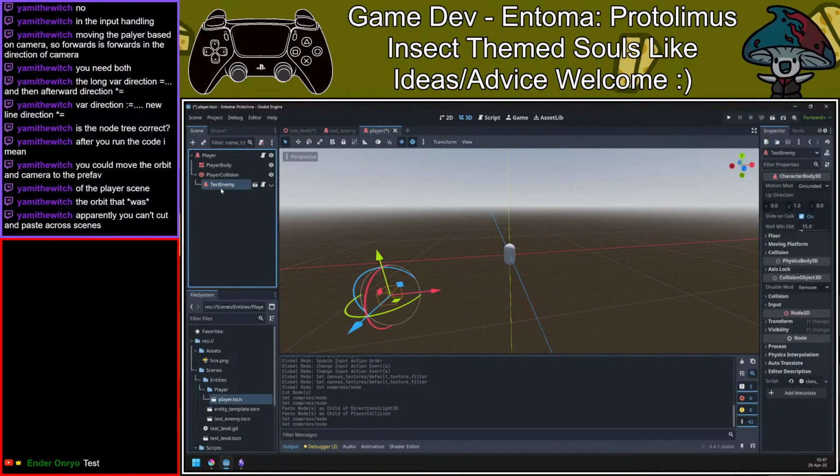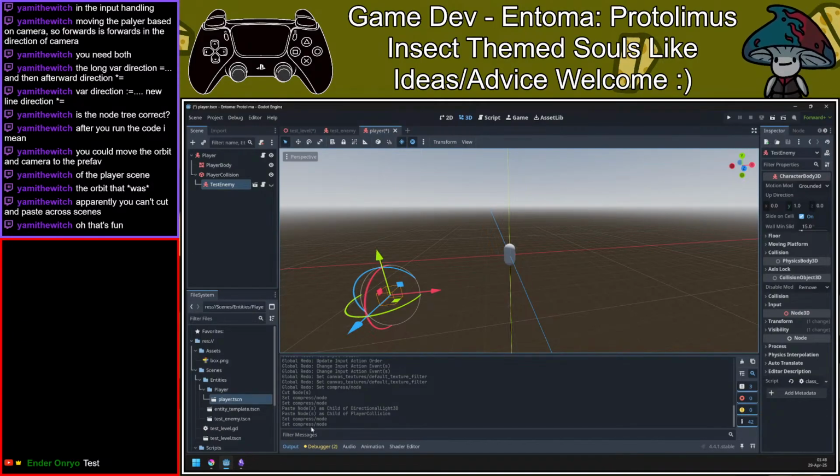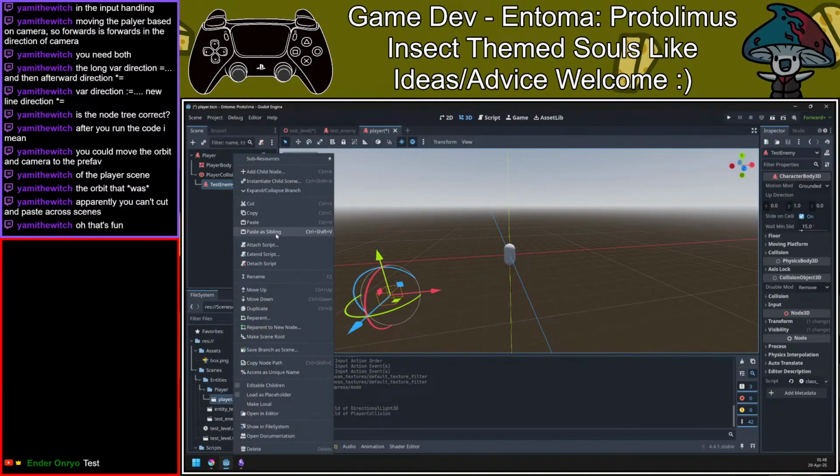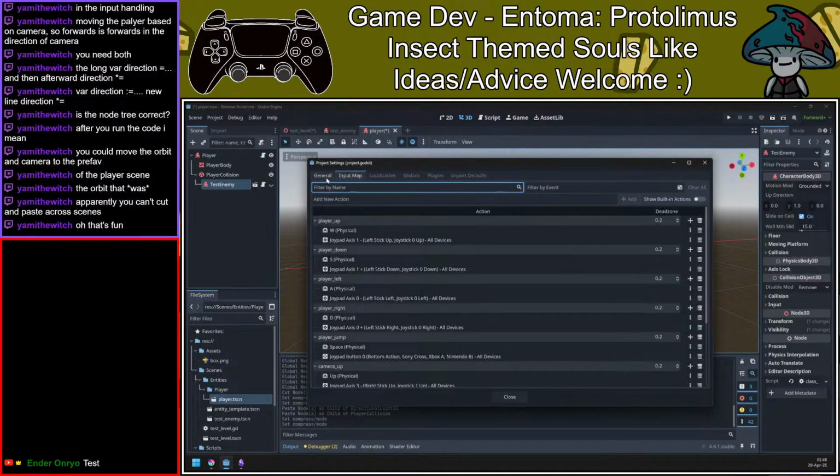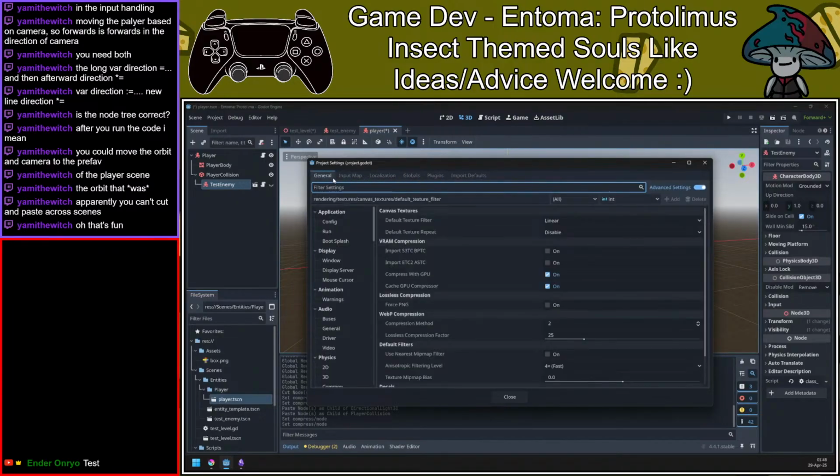Because if I do Control V, that just does set compress mode. So you have to right click and then paste. So yeah, the hotkey for paste is broken. Where the heck are the hotkeys?